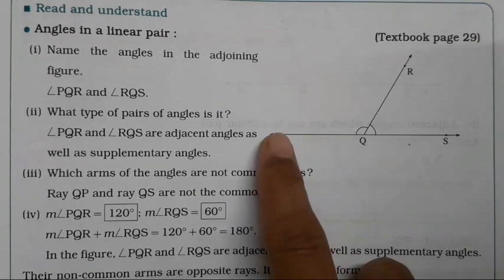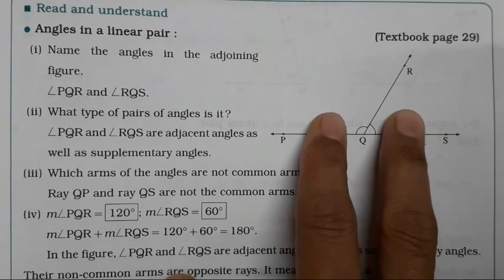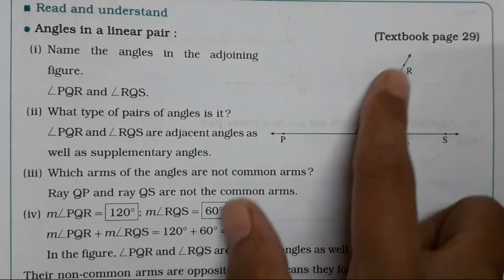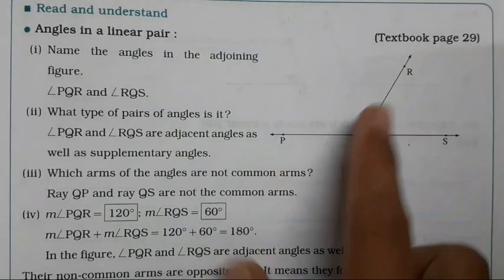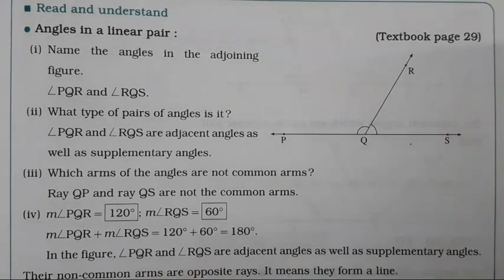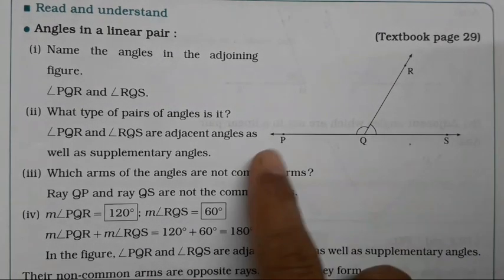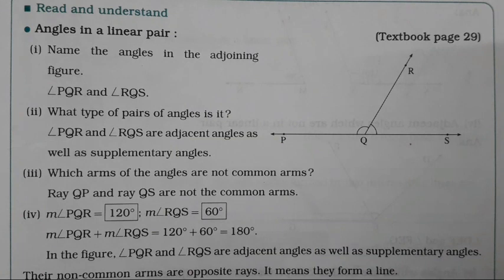Linear pair means, see, this is the straight angle and it has two parts. This is the line that is dividing 180 into two parts. Alright, so I think this is clear to everyone. Now what we have to do is find the angles in linear pair.